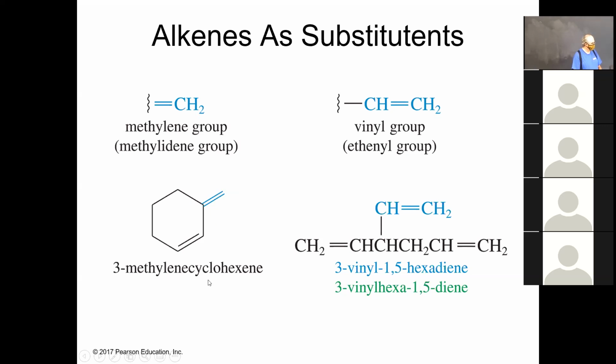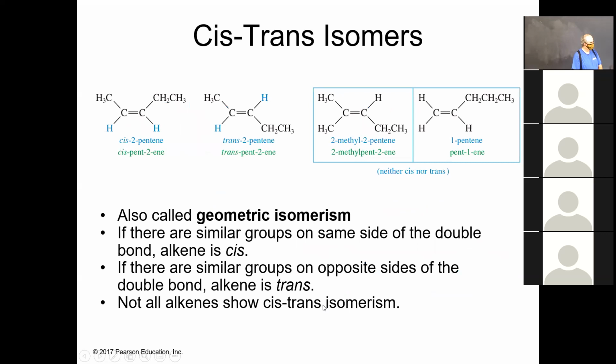So this is 3-methylene cyclohexene, double bond between 1 and 2, so that puts the methylene on 3. This is a vinyl group when it's a substituent, also called an ethenyl group.